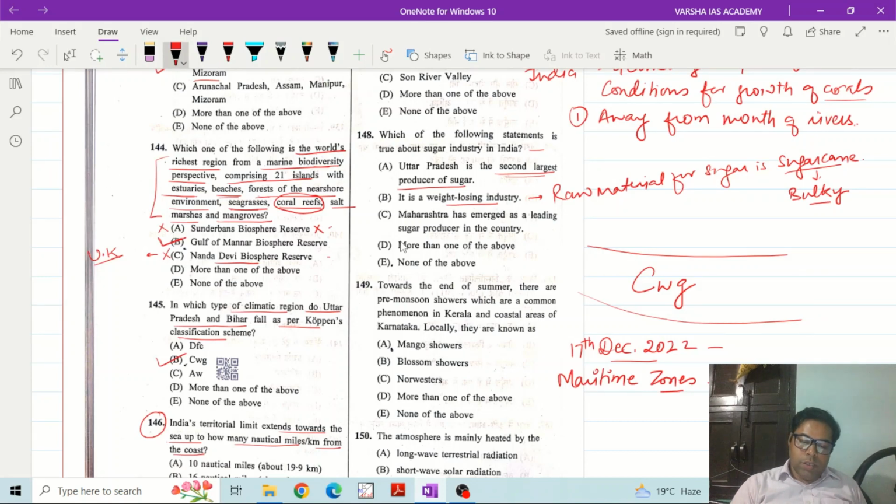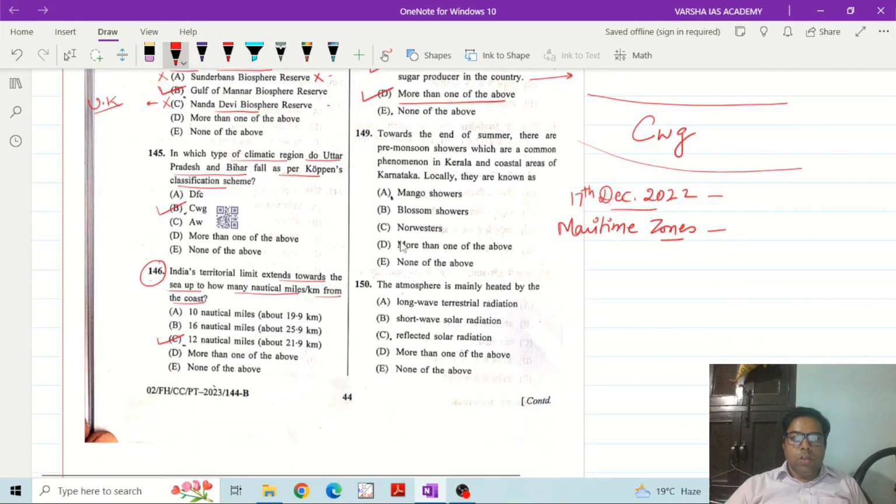Maharashtra has emerged as a leading sugar producer in the country. This is absolutely correct. Maharashtra is the largest producer of sugar cane, so sugar is also produced in large quantity in Maharashtra. So the first statement is correct, and this is also correct. So this is more than one of the above, and the answer will be D.